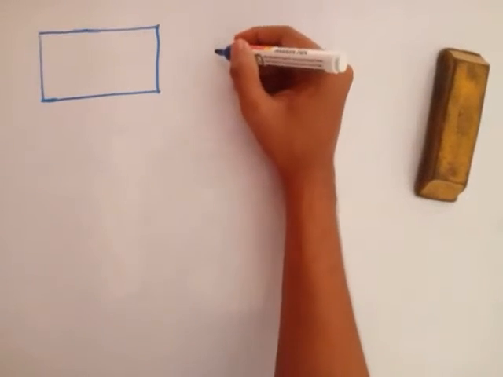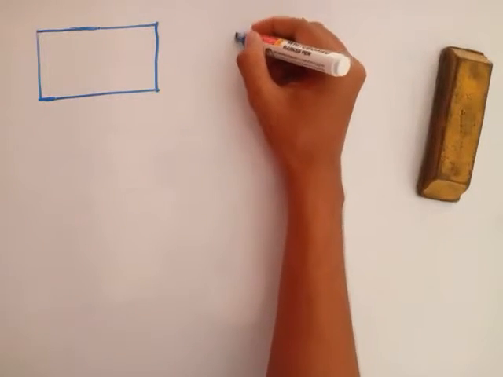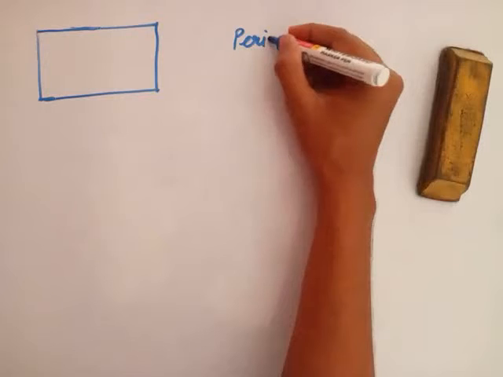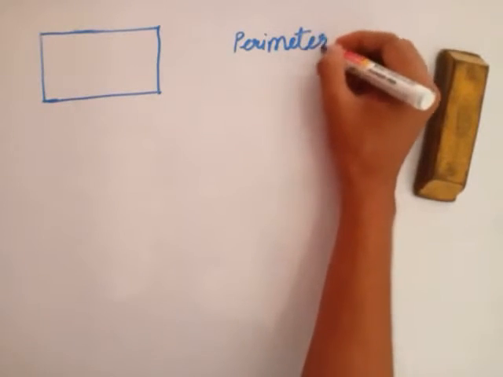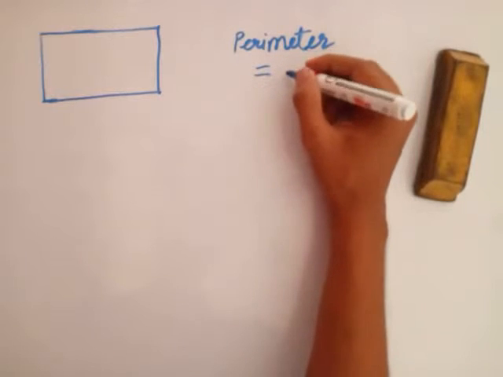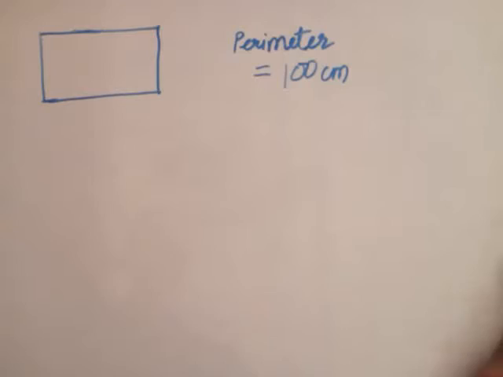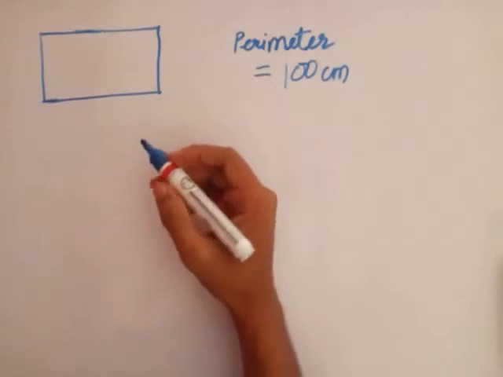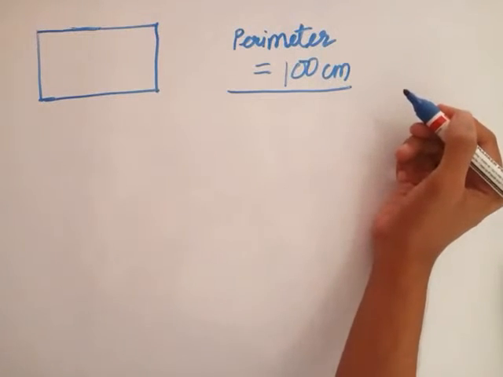You need the perimeter of this cardboard to be 100 centimeters, let's say. So maybe you're making some kind of packaging box and you need the perimeter to be 100 centimeters.